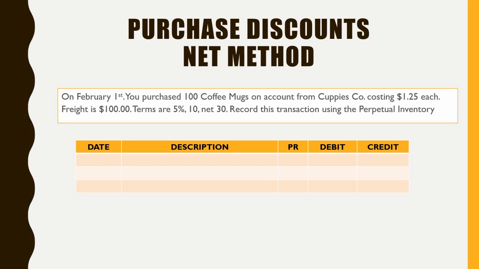Here on January 1st, you purchased 100 coffee mugs from Cuppies Co. at $1.25 each, and freight was $100. Terms are 5%, 10, net 30. Record the transaction using the perpetual inventory tracking method.